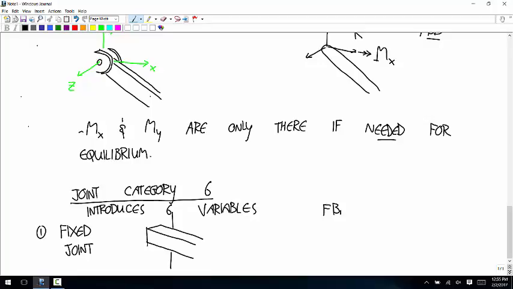Free body diagram looks like this. You have a full force vector and a full couple vector, so I'll draw all these components. Can you draw couples like that?